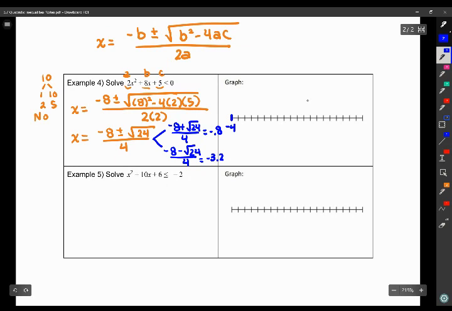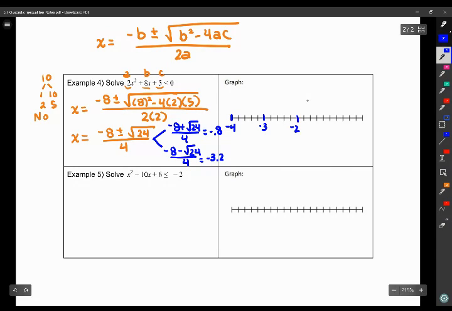And then if I say this would be 3.8, 3.6, 3.4, 3.2, this will be negative 3. And then I'm going to go same thing. I'm going to go 4 spaces, 1, 2, 3, 4.